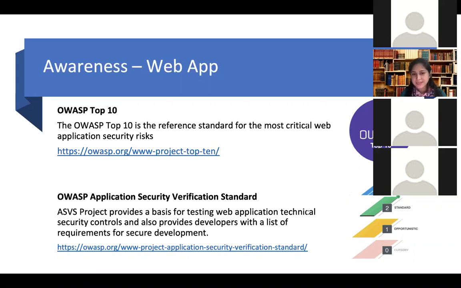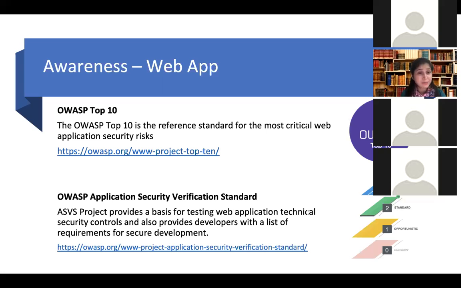Then comes the Application Security Verification Standard. When I started working on the web security testing guide, it's like a big book. I was reading it, understanding it, and making my own checklist of the things that I want to test in an application. Once I was done with the whole list, I shared it with my seniors and colleagues, and they were like, you really worked on it.